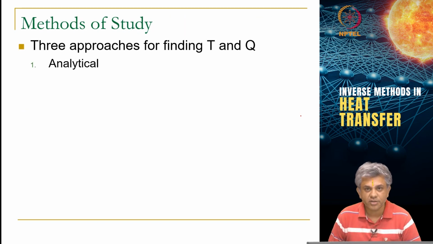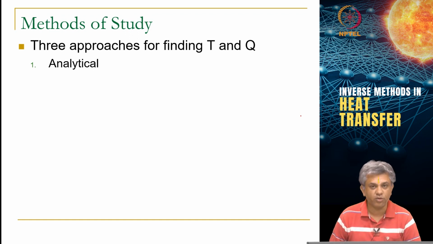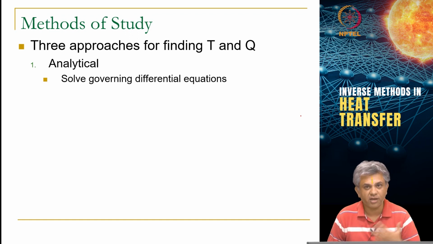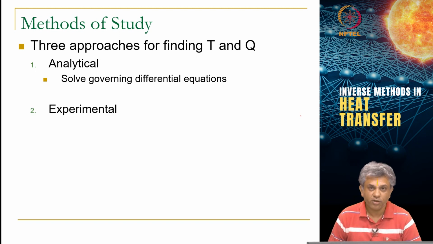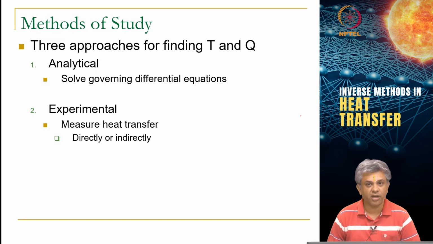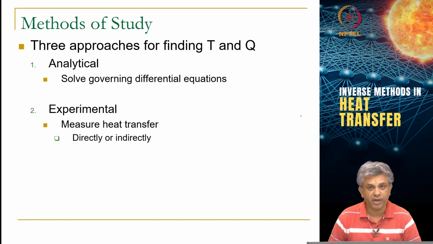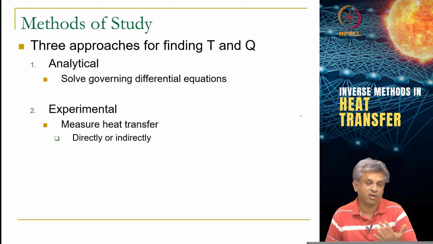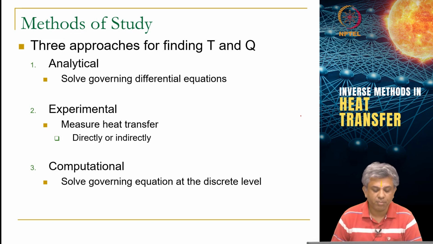Now, when we try to study heat transfer, typically we have three approaches that we use. One is, of course, you take the governing equations and you solve the differential equations, or you do experiments, you measure the heat transfer in a specific situation directly or indirectly. What is meant by indirectly is you measure the temperature and from there you infer the heat transfer. Or finally, computationally, you take the governing equation.